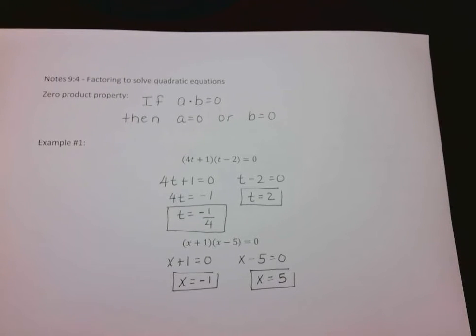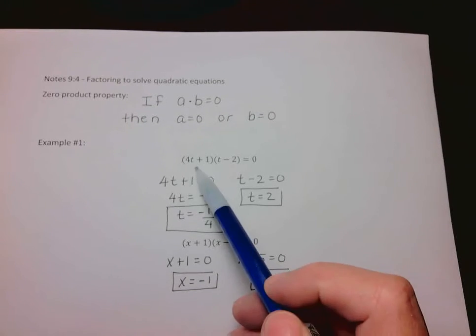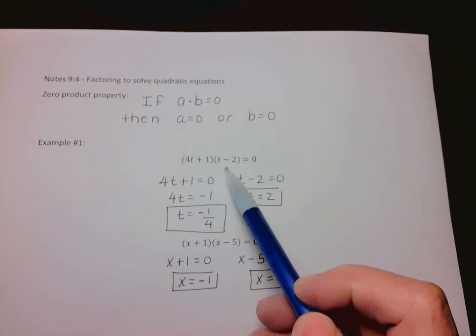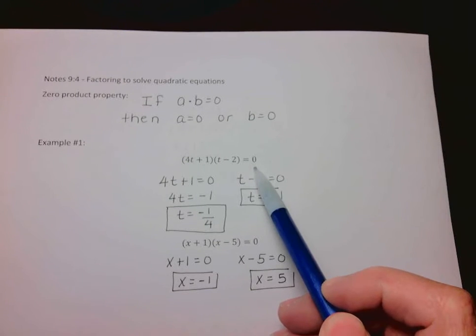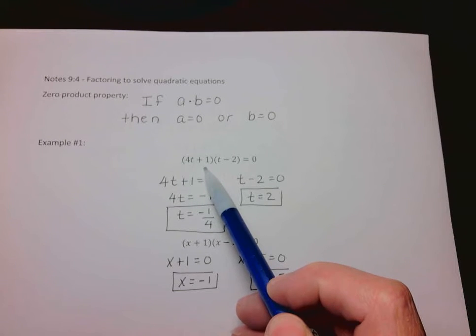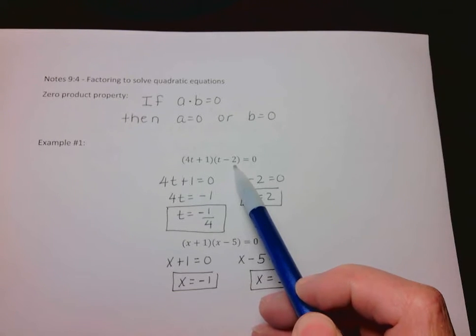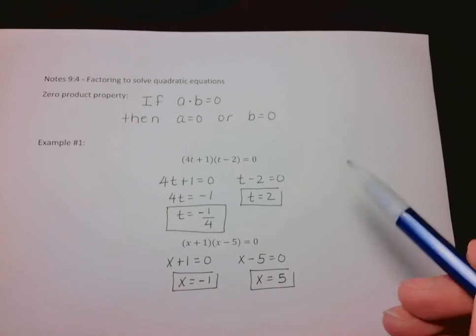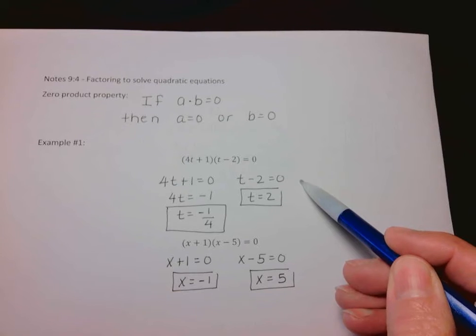Example number 1 says 4t plus 1 times t minus 2 equals 0. So let's think about this. If this factor times this factor equals 0, then either this factor or this factor must have been equal to 0. This is how you solve this.